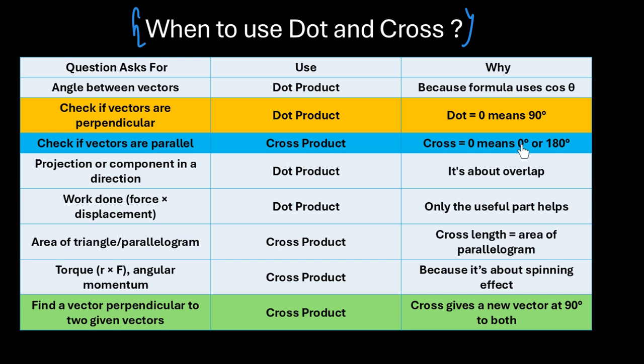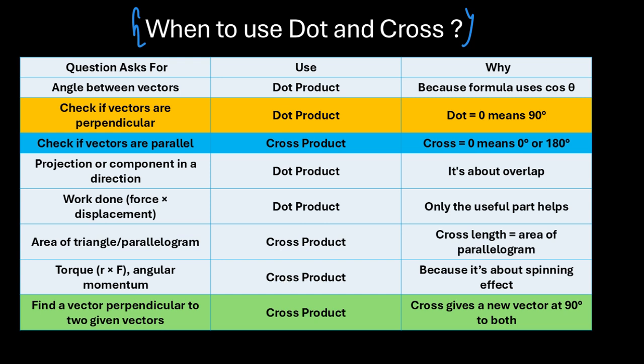Because when theta is 0 or 180, cross product becomes 0. Projection or component in a direction will be dot product. Work, which is force dot displacement, will be dot product. Area of a triangle would be cross product. Torque or anything with a rotational effect will be cross product.